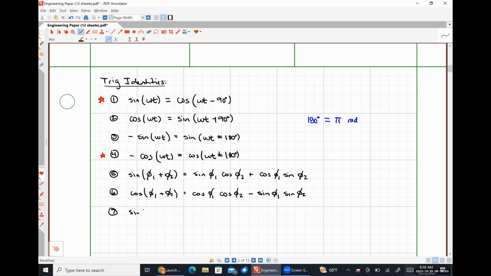If I have sine of angle 1 minus angle 2, that's going to be sine angle 1 cosine angle 2 minus cosine angle 1 sine angle 2.